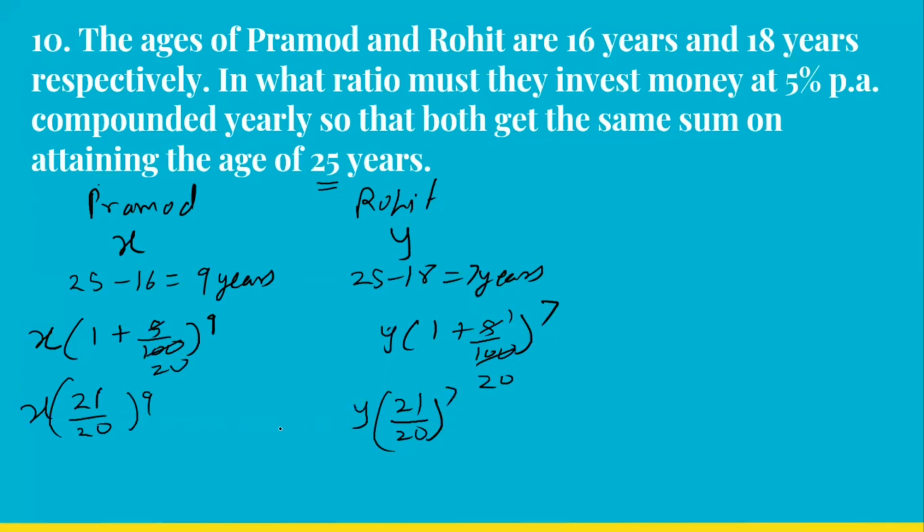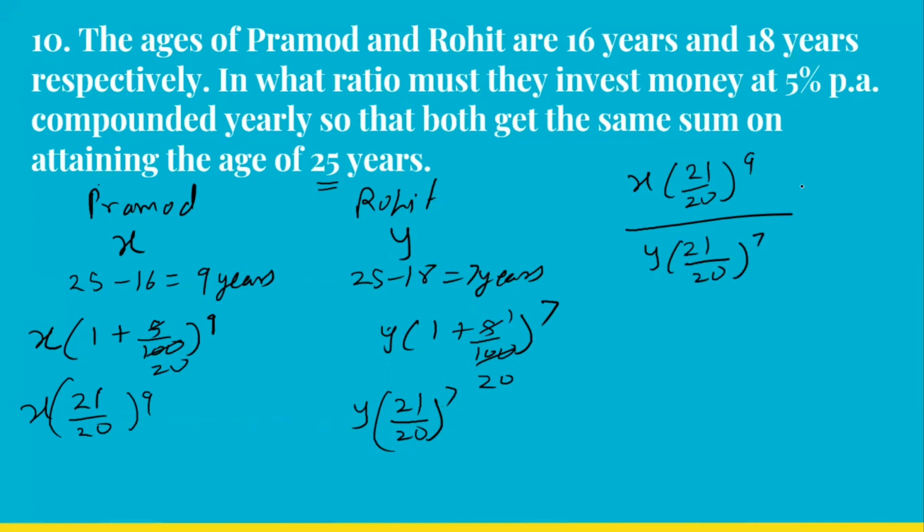So we have to find the ratio of this. So to find the ratio of this, let us divide it. So if I divide the amount of Pramod and Rohit, X into 21 upon 20 raised to 9 divided by Y into 21 upon 20 raised to 7.